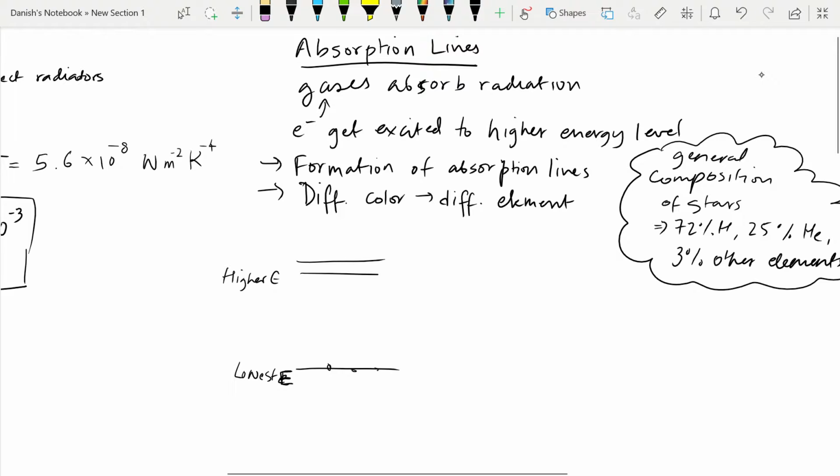So for a hot star, the atoms will be ionized, and they will already be excited beyond. They won't be present in these energy levels. So as a result, we won't see much absorption.